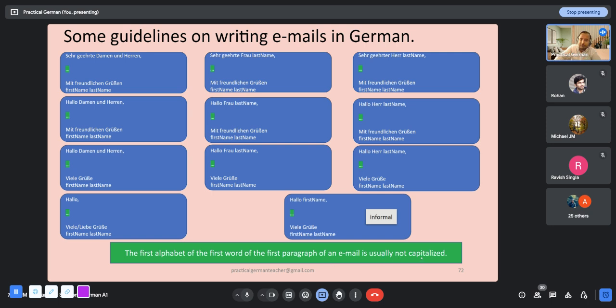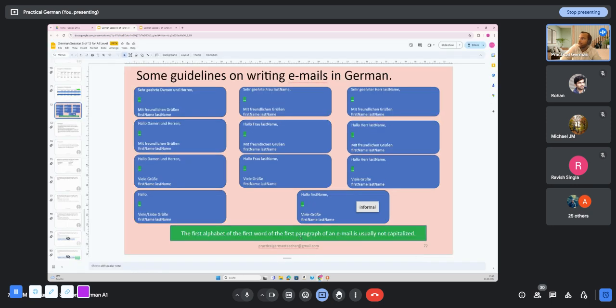So when do you capitalize a word? In English, for example, I is always capital. In German, from what I know, or what you should know at least in A1, there are only three scenarios when you should capitalize the first letter of a word. Either it is a noun. If it is a noun, it's always capital, no matter where it is in the sentence.